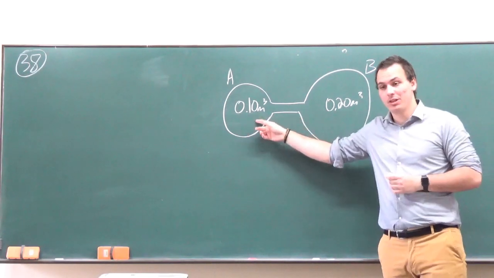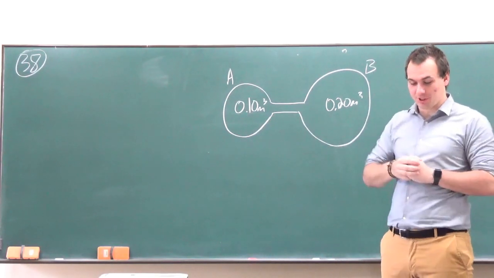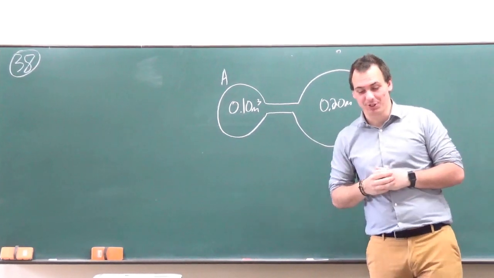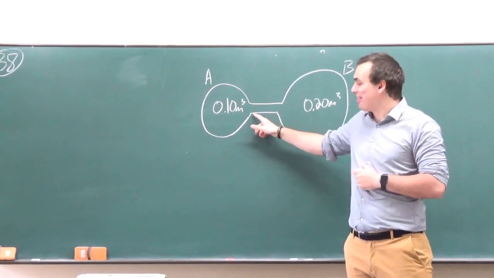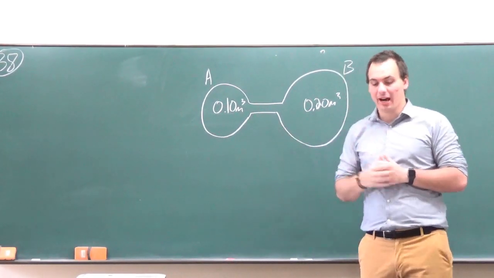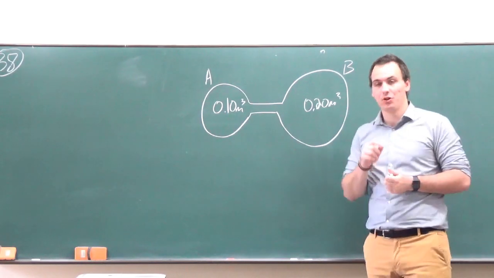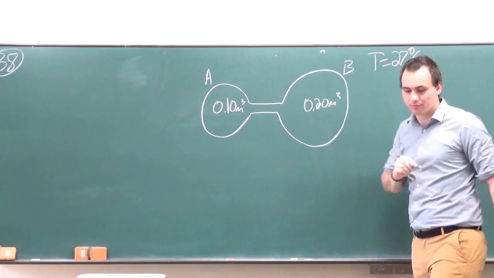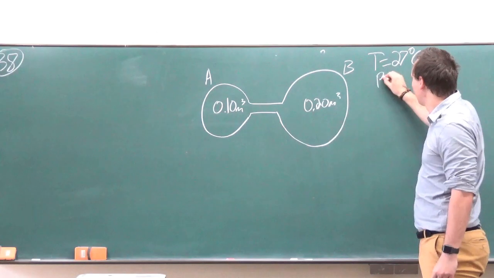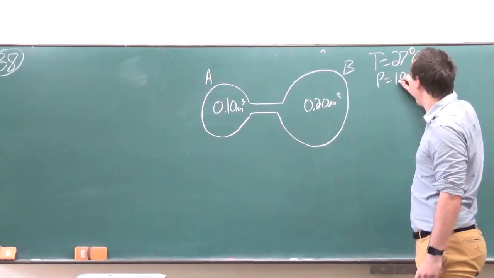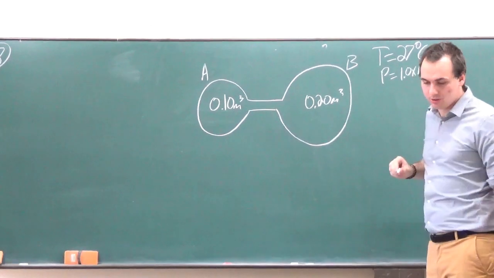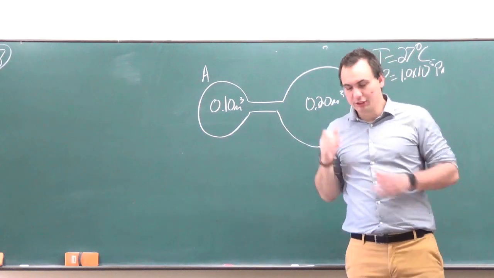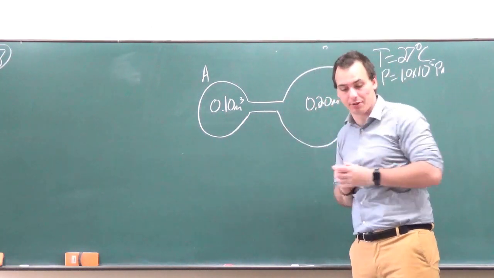Container A of 0.10 meters cubed and container B of 0.20 meters cubed are connected by a thin tube, and hydrogen having a temperature of 27 degrees Celsius and a pressure of 1.0 times 10 to the fifth pascals is put into the container.